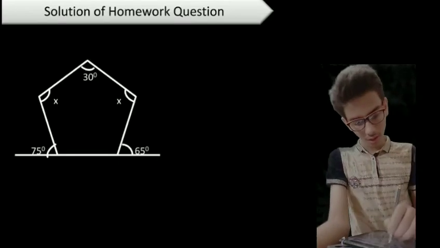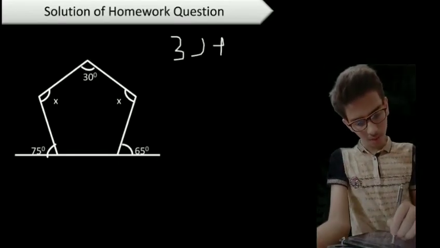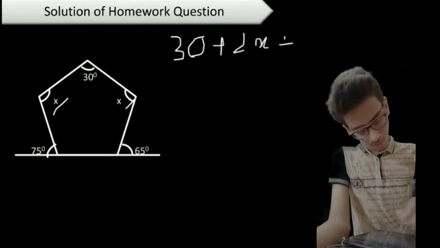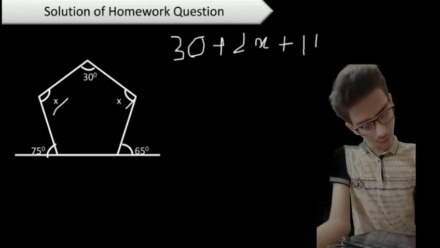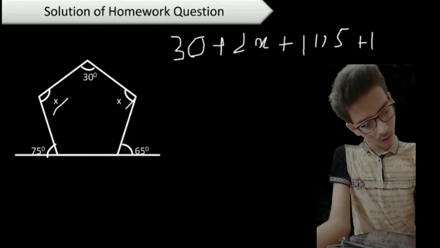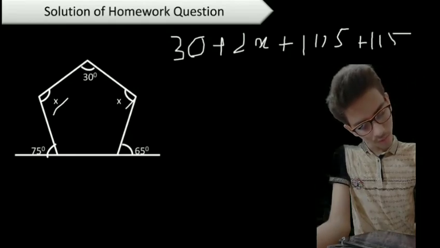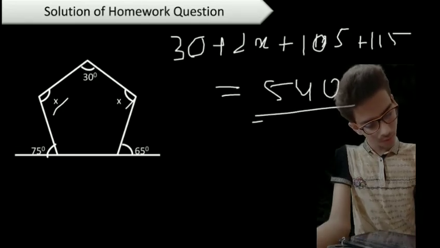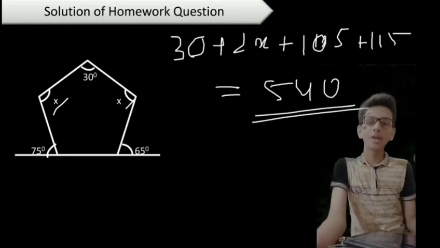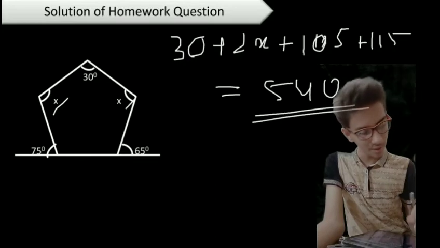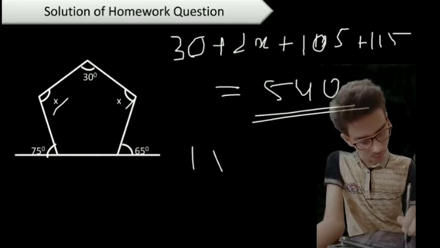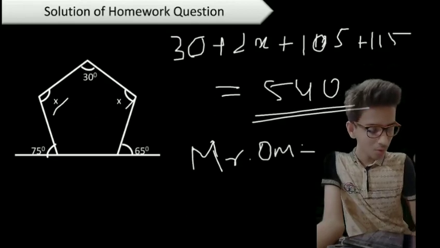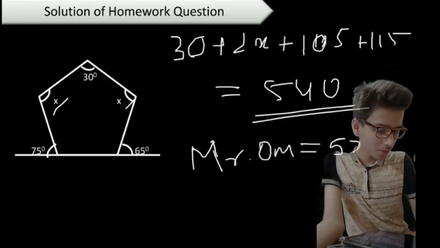So now we are going to write 30 plus x, you can write 2x, plus 105 plus 115 is equal to 540. I got two answers from two people in the comment section. One was Mr. Om, whose answer was something about 52.5.